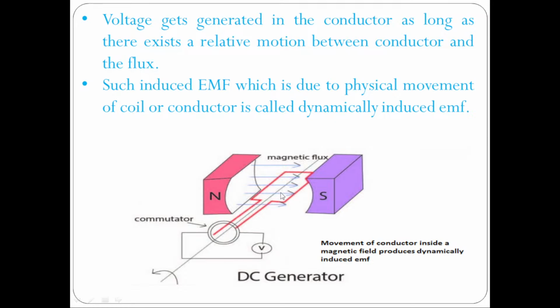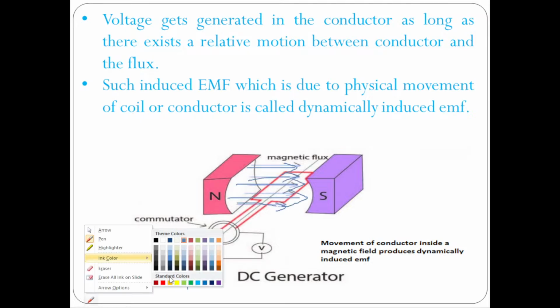So when the flux linking with the conductor changes, we can say that there is relative motion between the conductor and the magnetic flux between the north pole and south pole. Whenever there is relative motion between the conductor and the magnetic field, EMF will be induced.